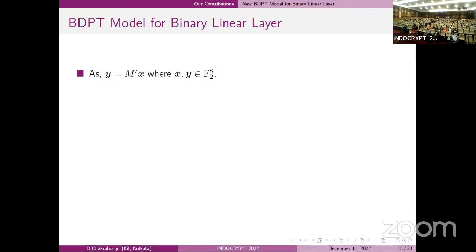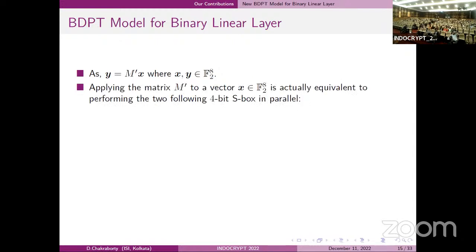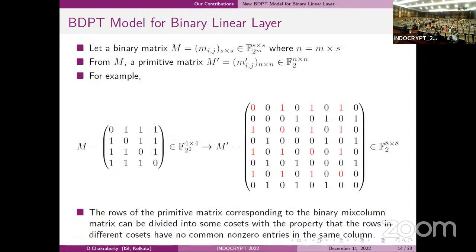Suppose we have the initial state X, and we apply the M dash mixed column matrix and get the output state Y. For this example, X and Y belong to F2 to the power 8. From this structure, we can see that the output bits Y0, Y2, Y4, Y6 only depend on the bits X0, X2, X4, X6, and this is also true for X1, X3, X5, X7 and Y1, Y3, Y5, Y7.